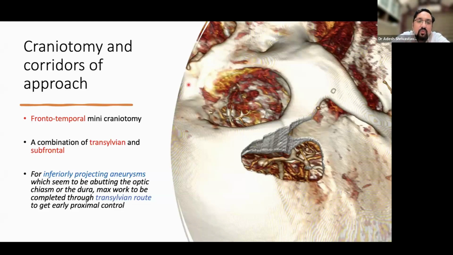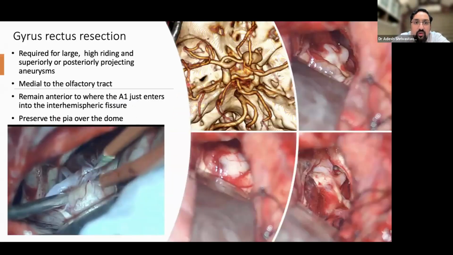So maximum amount of work for inferiorly projecting aneurysms, where the dome may be tethered to the dura or the optic chiasm, we try to do through the trans-sylvian route to get early proximal control.